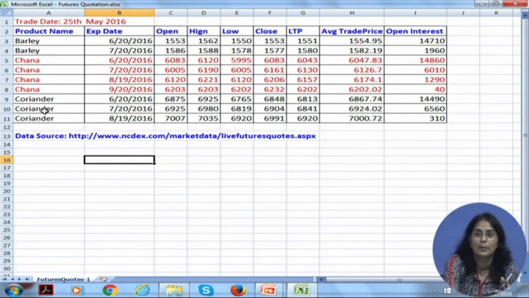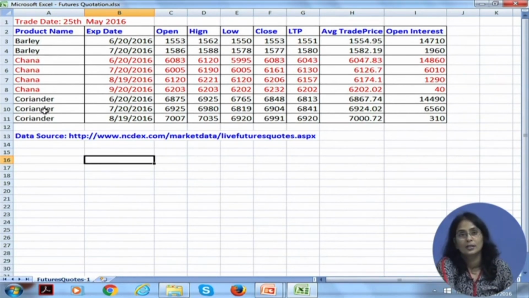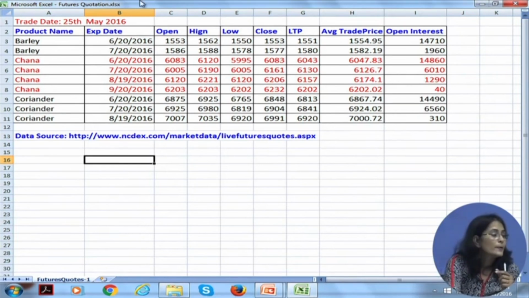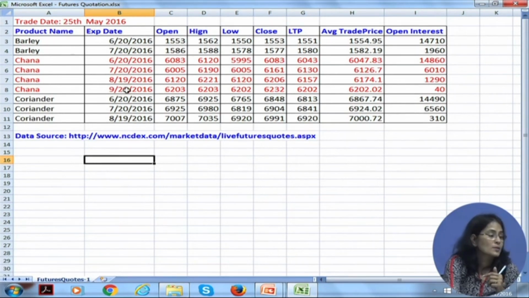There are many more commodities available; I have just taken a snapshot. Let's go back to chana. Trade date is 25th May, but the contract matures on 20th of June. This contract matures on 20th of July. This contract matures on 19th of August. This is 20th of September.